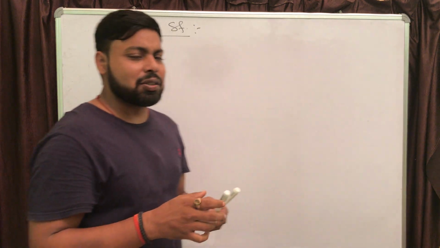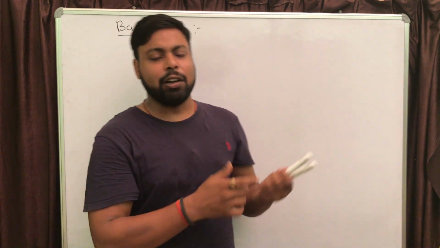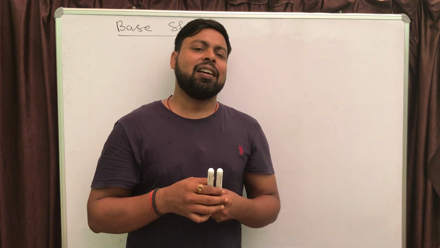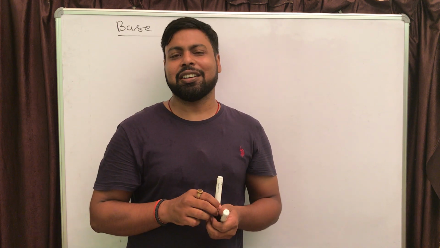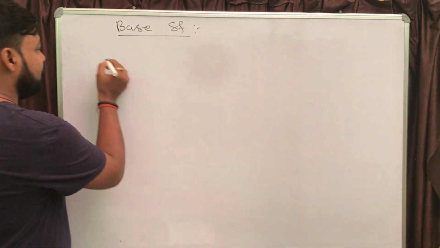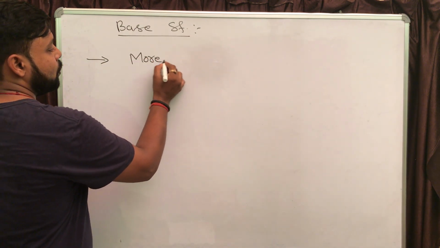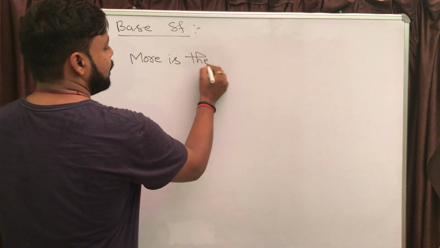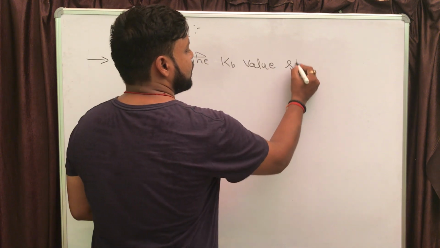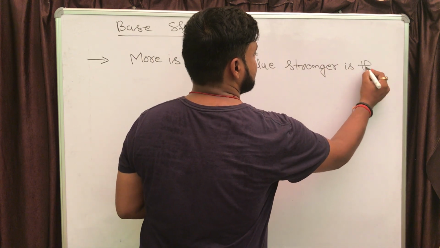So first point, as we have written in acidic strength, first point there was more is the Ka value, stronger is the acid. In similar way, if you are going to define base strength for a base, it is defined by Kb value, base dissociation constant. So let us write the first point, that is more is the Kb value, stronger is the base.